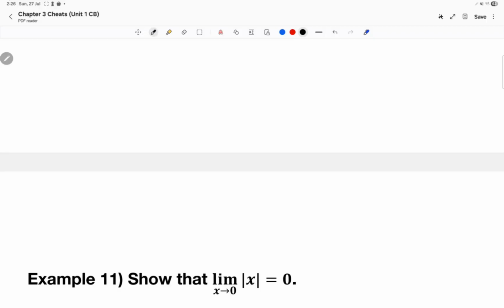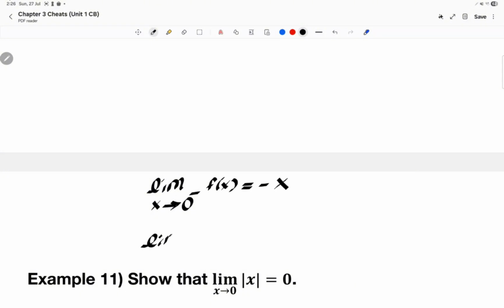Take your time on example 11. Whenever you see absolute value, what do you do? One time negative, one time positive. So as x approaches 0 from the left, you will do the negative.